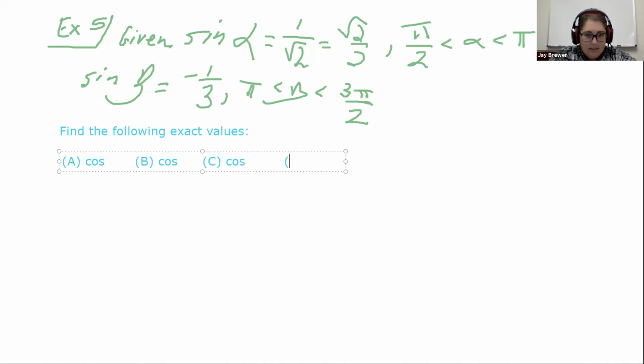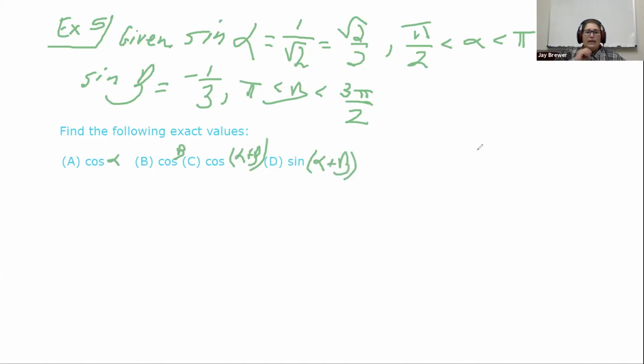And then lastly, sine of alpha plus beta. So let's fill those in. So cosine of alpha, cosine of beta, cosine of alpha plus beta, and then sine of alpha plus beta.